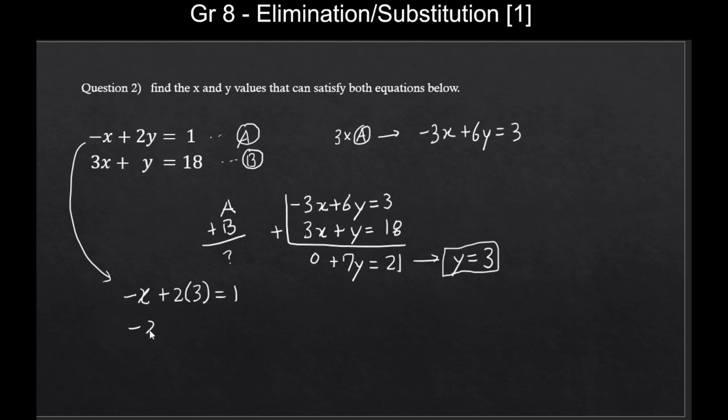Which means minus x plus 6 equals 1. And that means minus x equals minus 5, because if we move 6 to the other side, it's going to be minus 6. Therefore, our x value is going to be 5.